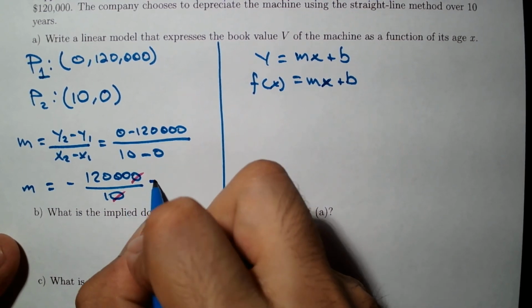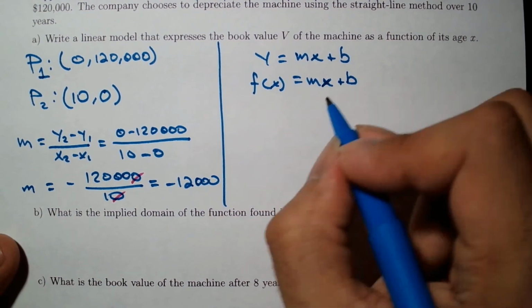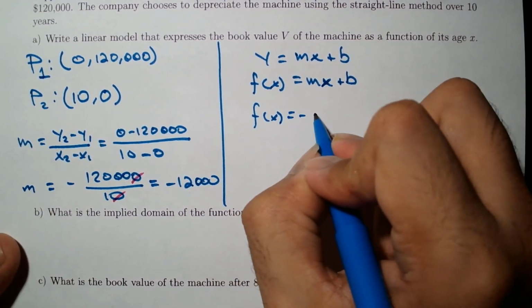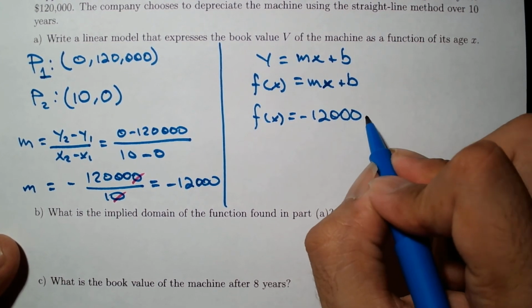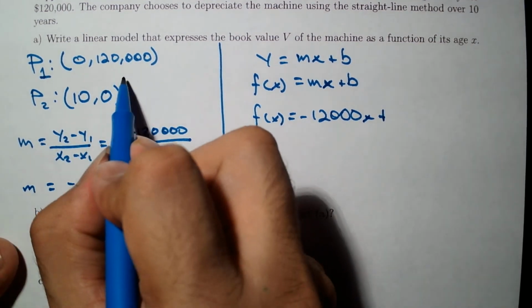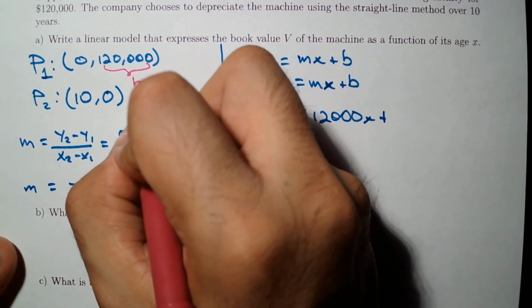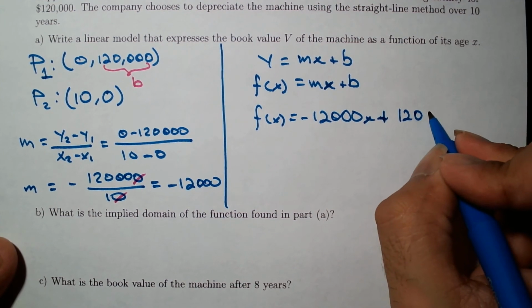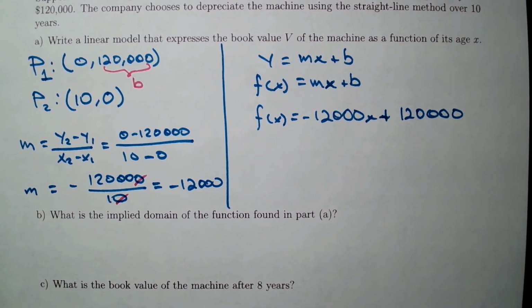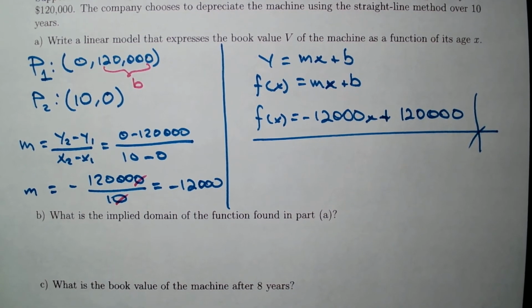So in this case, the slope was negative 12,000 times x, negative 12,000 x plus, keep in mind that when you have the y-intercept, this y value is b. So plus 120,000. All right. So that's the linear model that will describe this situation right here.